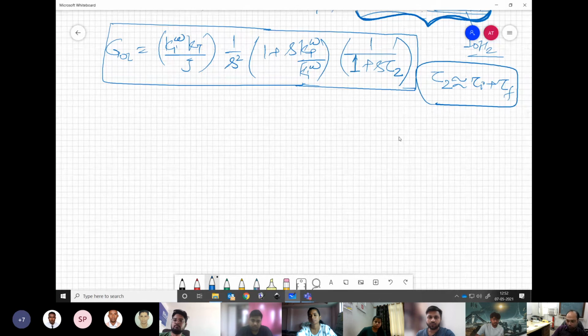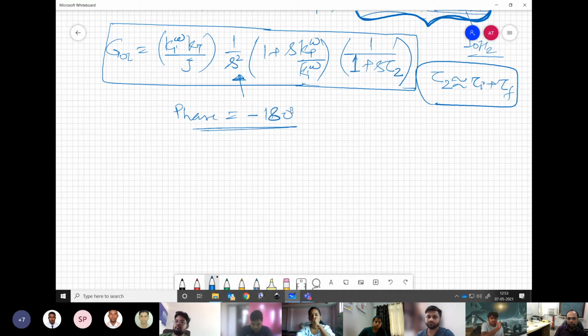That is true. So when we have a double pole sitting at the origin, which was not the case with any other control system before. Whether our flux or the current, we never had a double pole sitting at the origin. We had one pole, maybe some Ki by S. One term was there. So when we have a double pole sitting, our phase is already minus 180 degree. And we have seen what is phase margin.